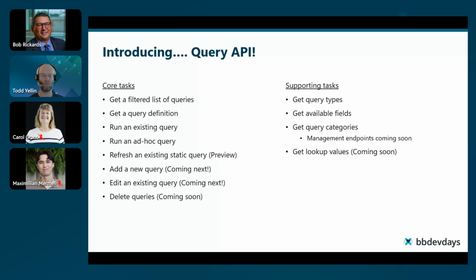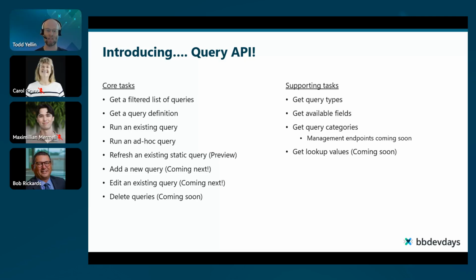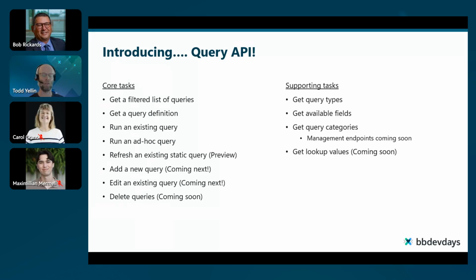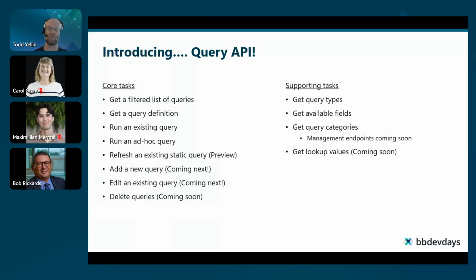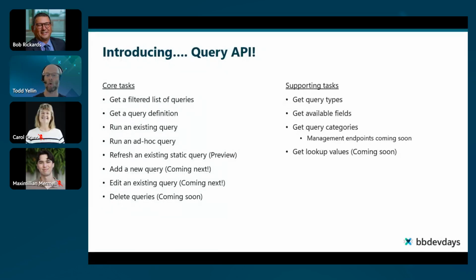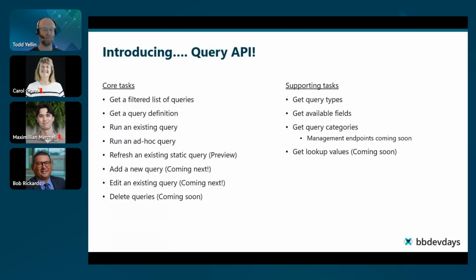There's an endpoint to refresh static queries that's in preview. And then a few things coming very shortly are the ability to add new queries and edit existing queries, along with deletion. And then there are various supporting tasks that will help you really use the core endpoints, particularly around adding and editing queries.